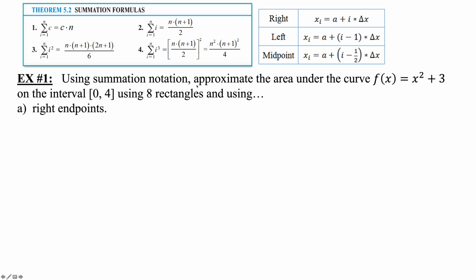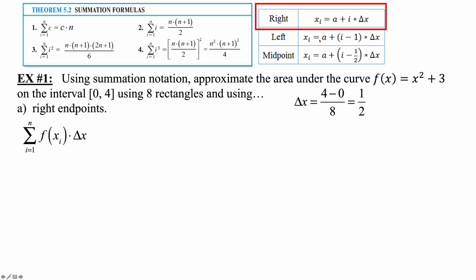Using summation notation, approximate the area under the curve of f of x equals x squared plus 3 on the interval of 0 to 4 using 8 rectangles and using right endpoints. So this is the formula we're going to use. Now, that delta x, that change in x, that doesn't change. All right, that's 4, b minus a, 0, divided by the number of rectangles.